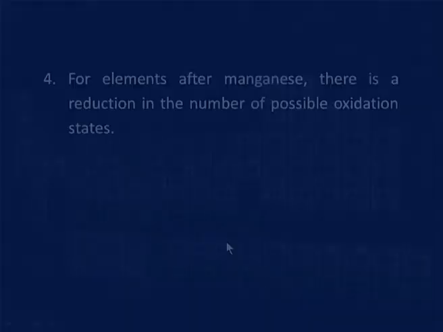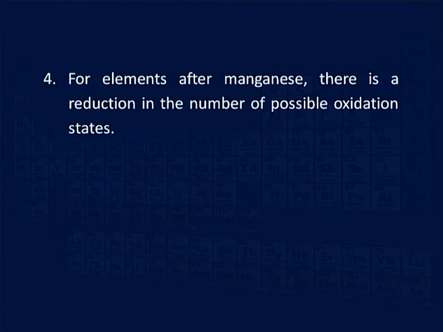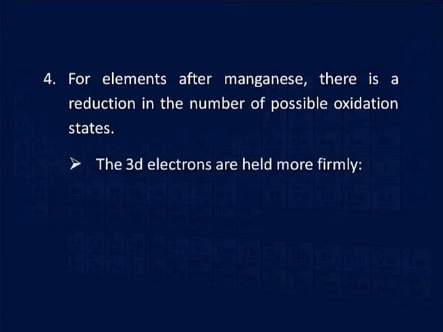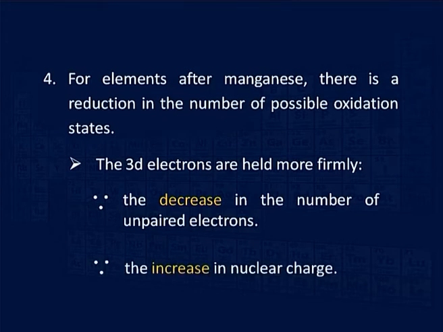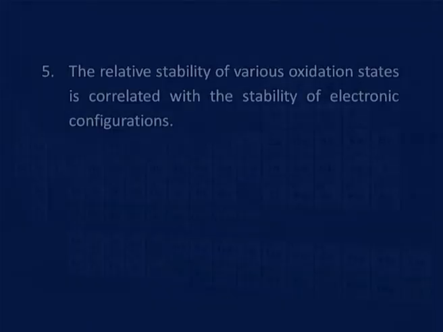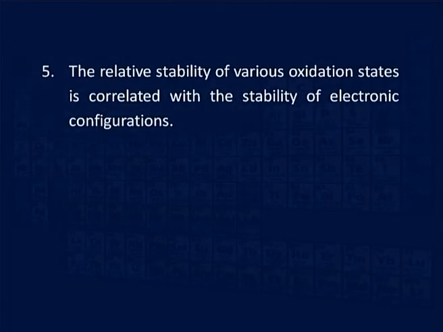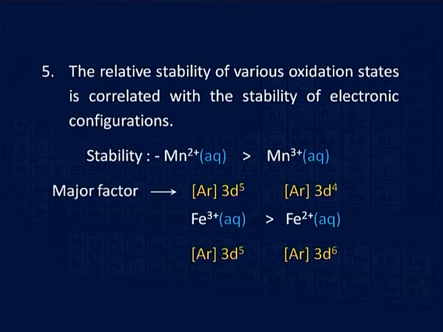For the elements after manganese, there is a reduction in the number of possible oxidation states. The 3d electrons are held more firmly because there is a decrease in the number of unpaired electrons, and also an increase in the nuclear charge. The relative stability of the various oxidation states is correlated with the stability of the electronic configuration.